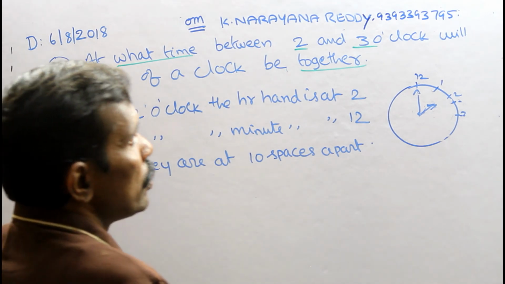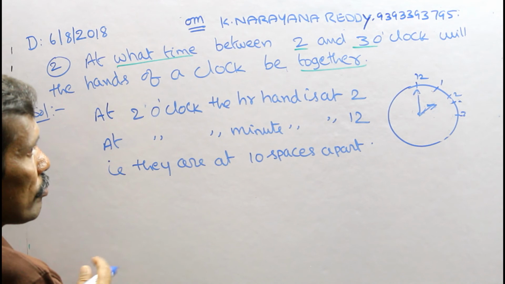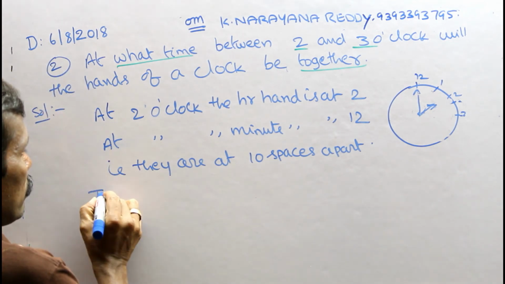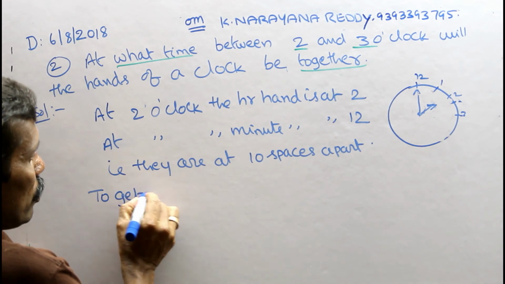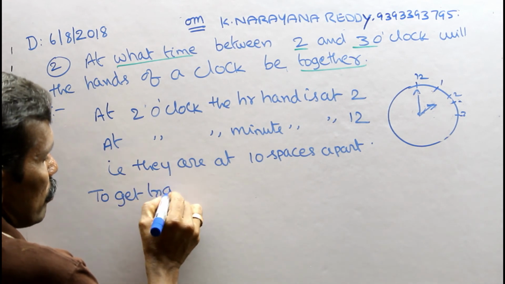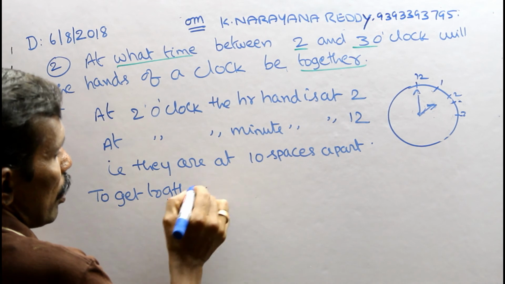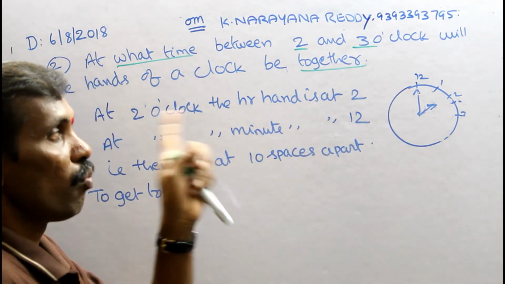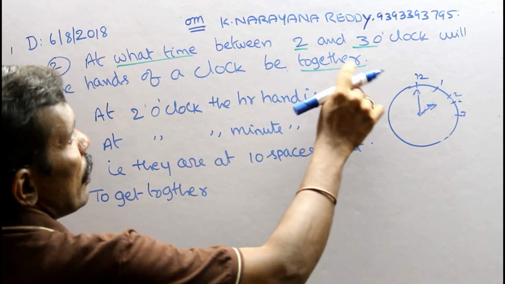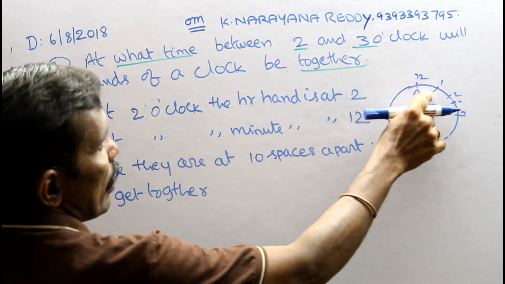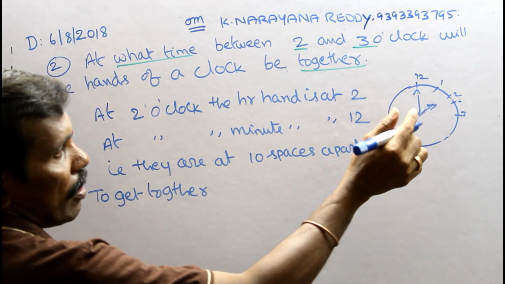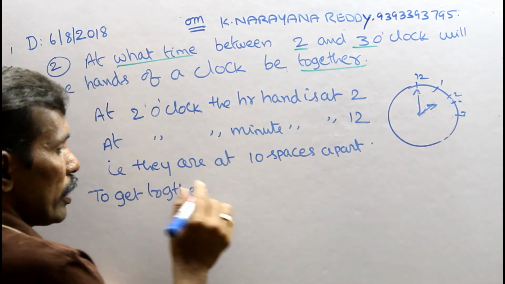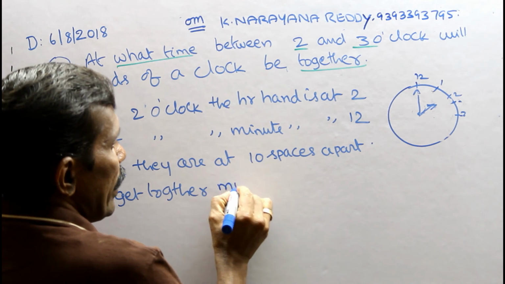So to get together, the minute hand must gain over the hour hand by what is the space now? 10 minutes. Yes or not? This is 5, this is 5. 10 minutes.